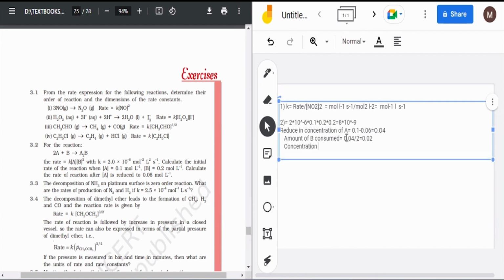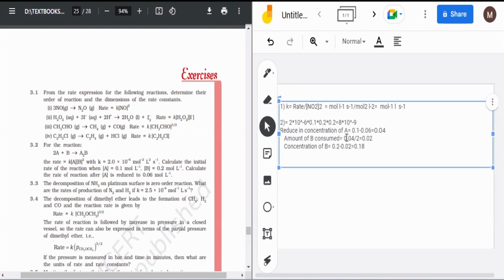So what will be the concentration of B? Concentration of B is equal to the initial concentration, which is 0.2, minus 0.02, so we will get 0.18. Okay, so we have the required concentration, 0.18. Now we want to calculate the rate.